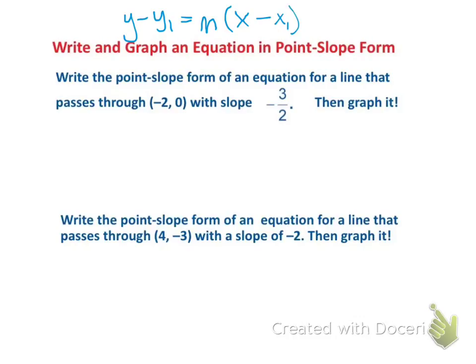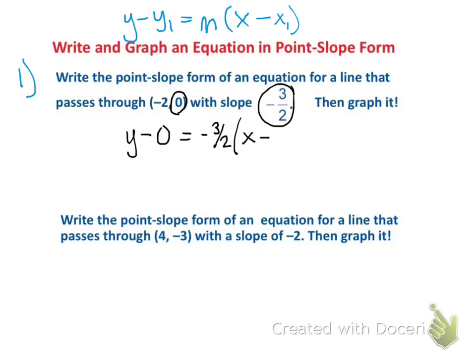Okay, so in this first example here, we're going to write point-slope form of an equation for a line that passes through -2 comma 0 with slope -3/2. So we still are going to write y minus y1, which is 0, equals m, which is -3/2, times x minus x1, excuse me, which is -2.